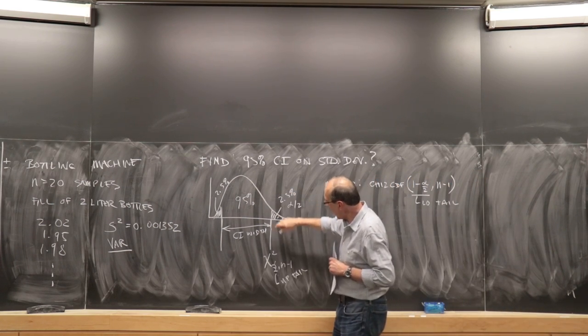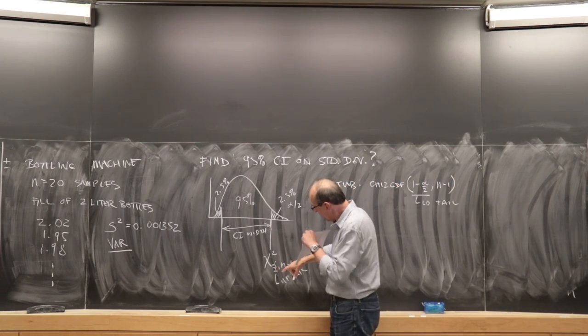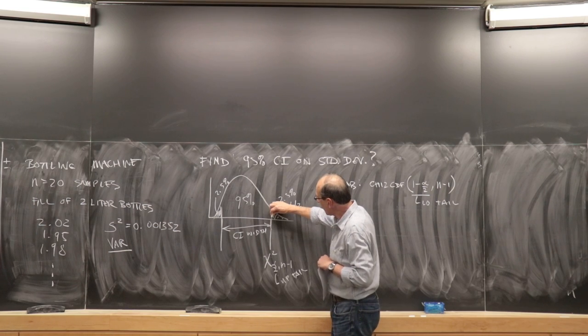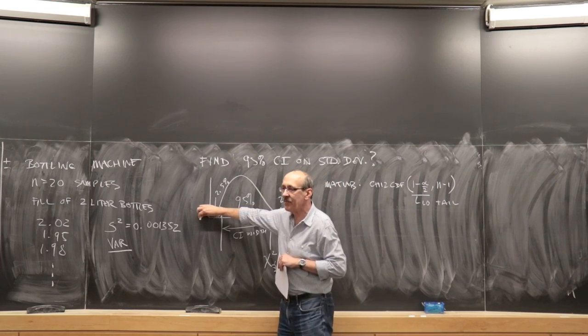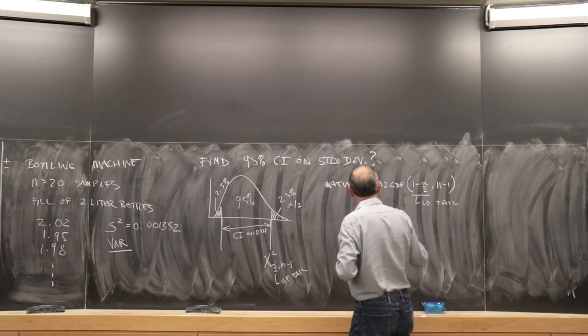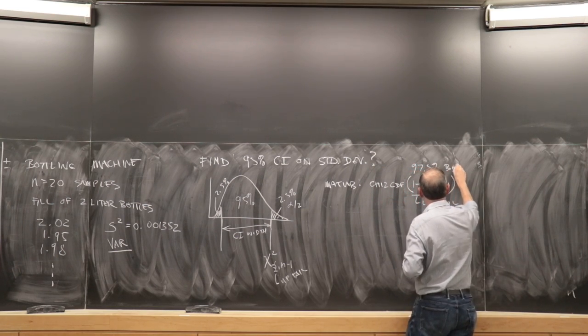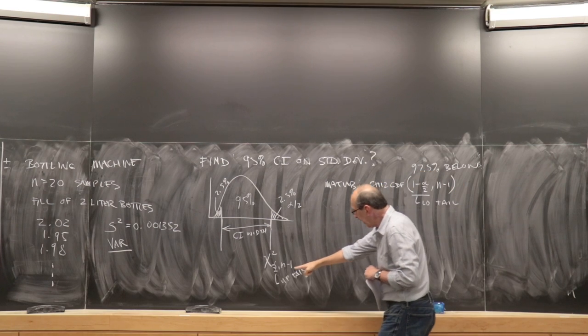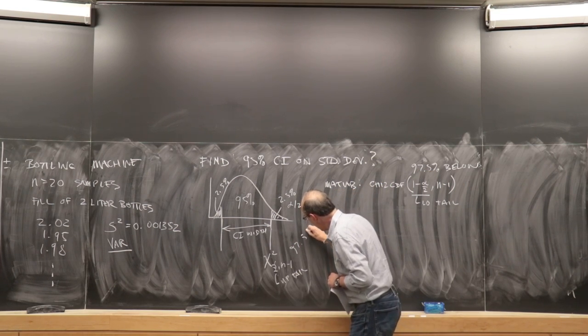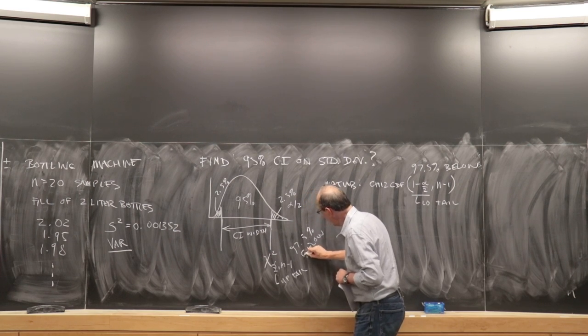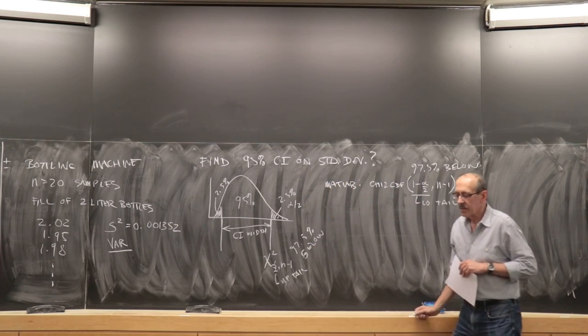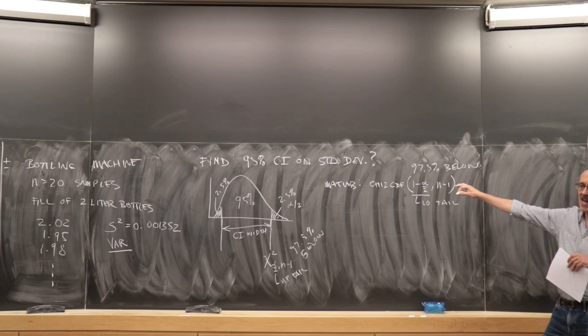So if I put in 1 minus alpha over 2, then I'll get 97.5 below this. So this is 97.5% below. And this is 97.5% below. Okay, it's this unfortunate difference between the way MATLAB calculates things.